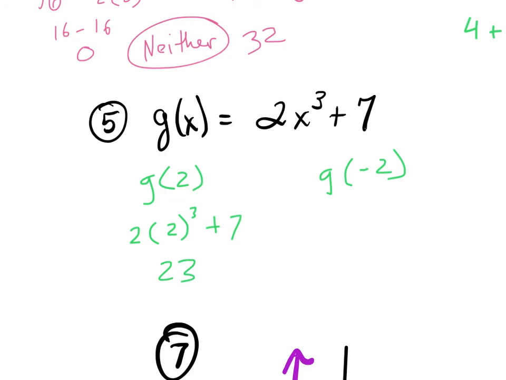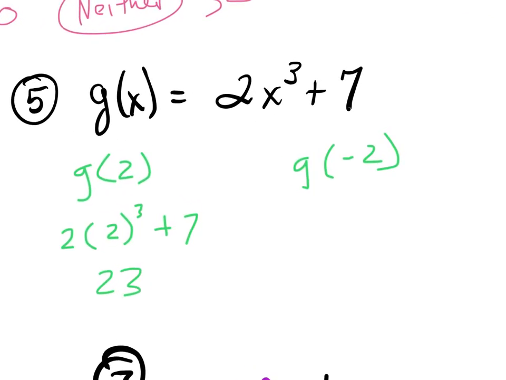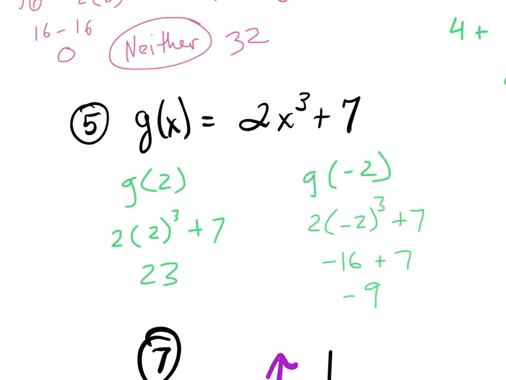And then for g of negative 2, we plug in negative 2 cubed plus 7. Negative 2 cubed would be negative 8 times 2 would be negative 16 plus 7, and we get negative 9. So we get different answers. Are these even, odd, or neither? Neither.